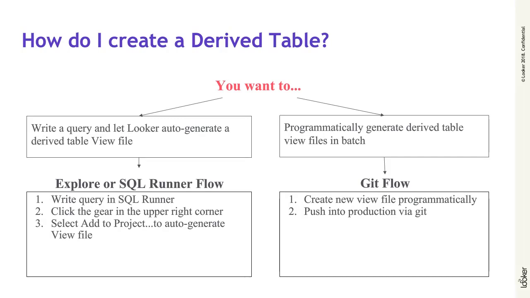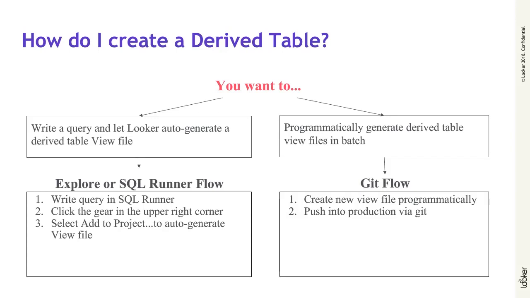On the other end, I do want to call out that in 99% of use cases, the flow on the left-hand side is the way to go. For the other 1%, it really depends on your use case, but there is a chance that some people might want to produce these derived table view files programmatically. For example, I have to produce a derived table for every single customer at my company.